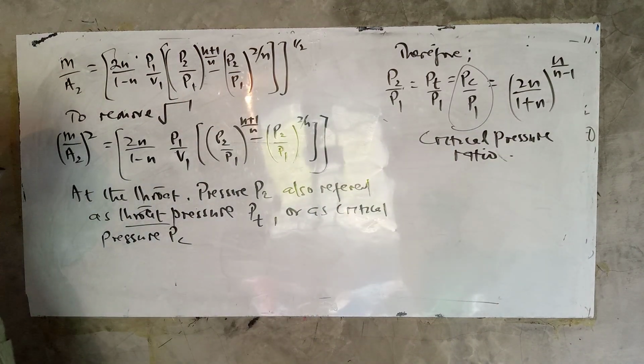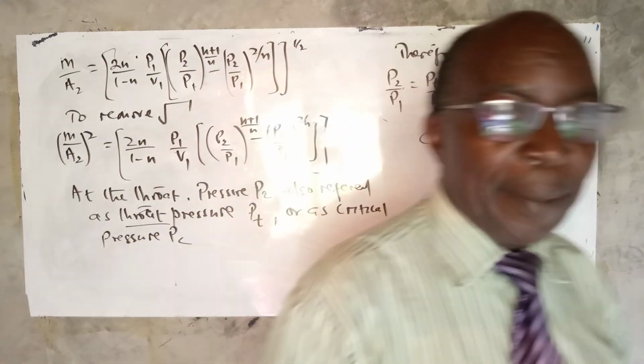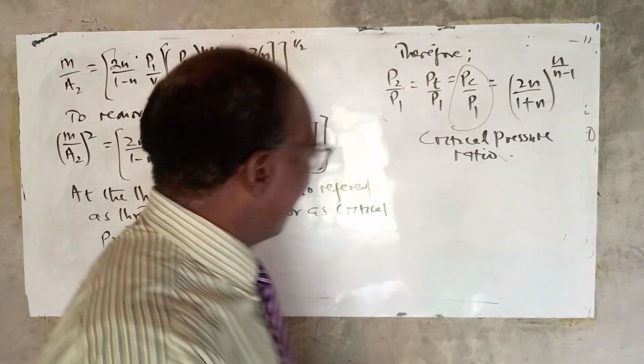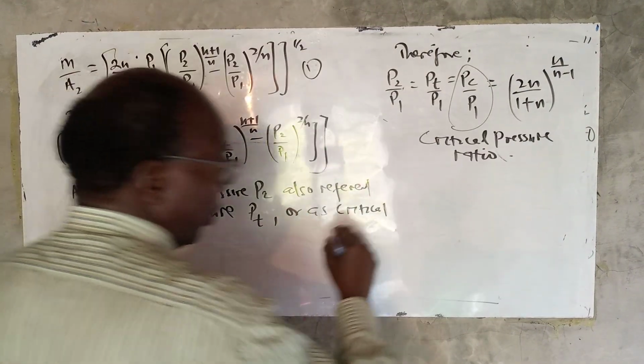Now, we can obtain the value for the mass flow per unit area by combining equation 1 and equation 2.